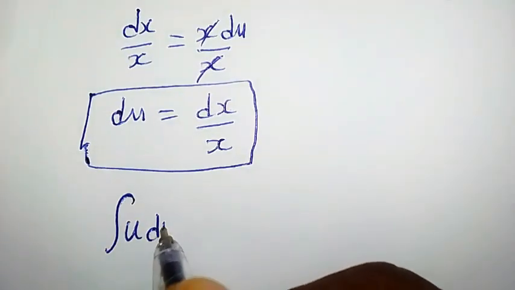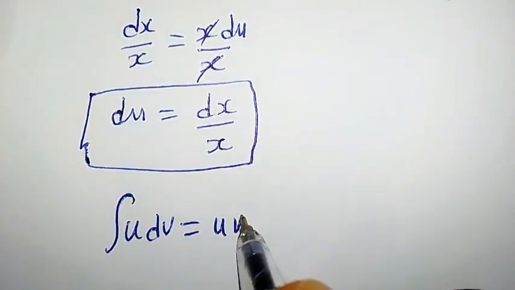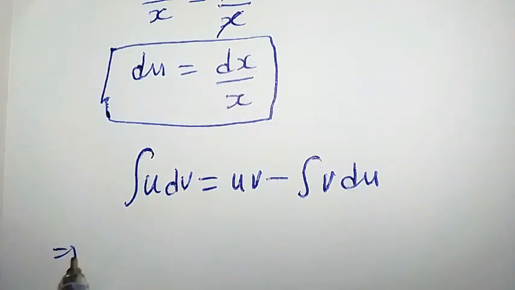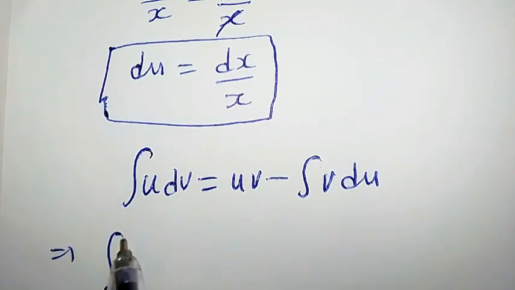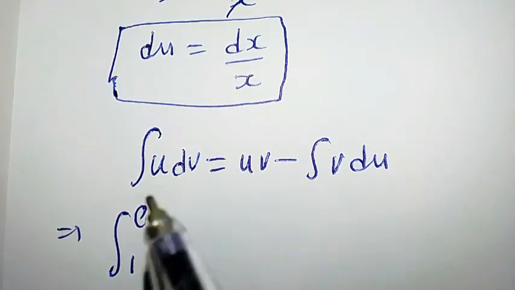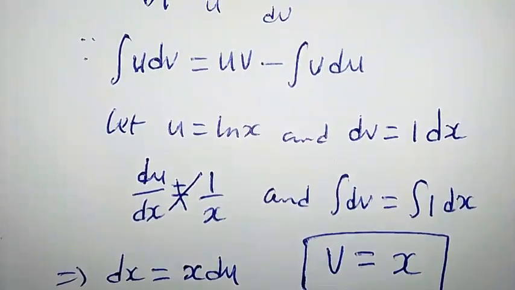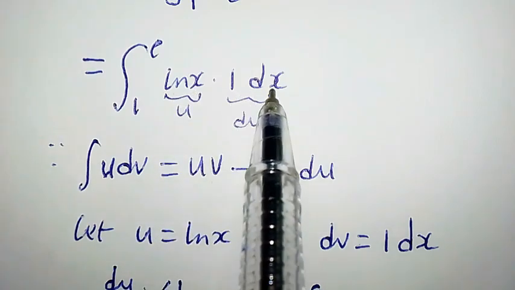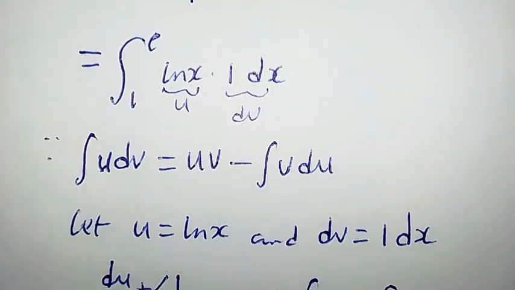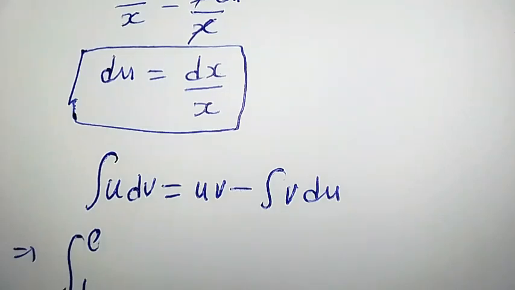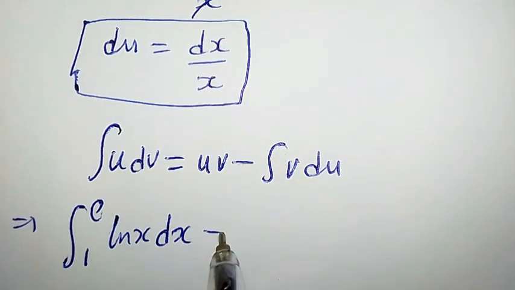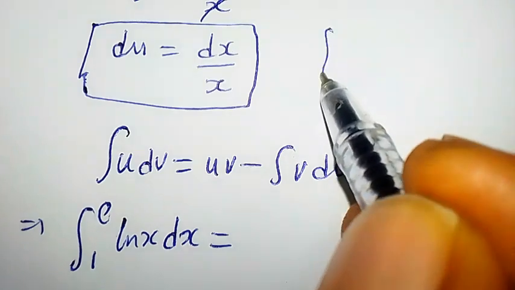The integral of u dv equal to uv minus the integral of v du. This implies that we have the integral from 1 to e. What is u? Our u is ln x and our dv is 1 times dx, which is simply dx. So we have ln x dx equal to, let us just put it down here.